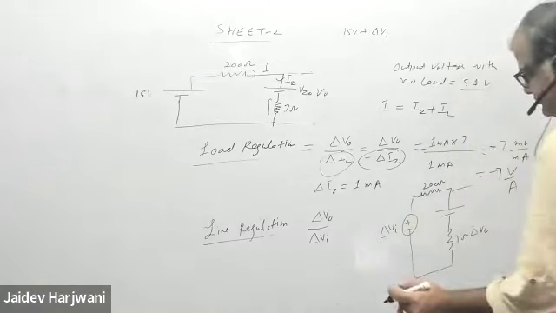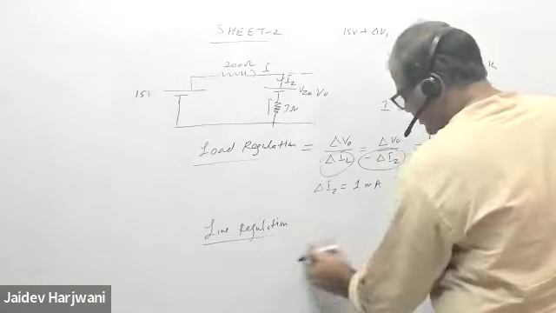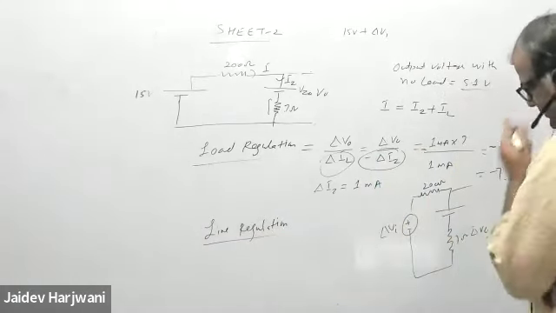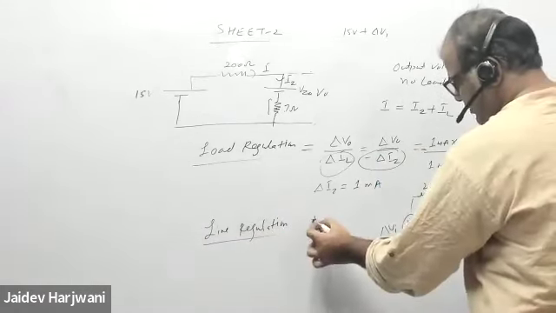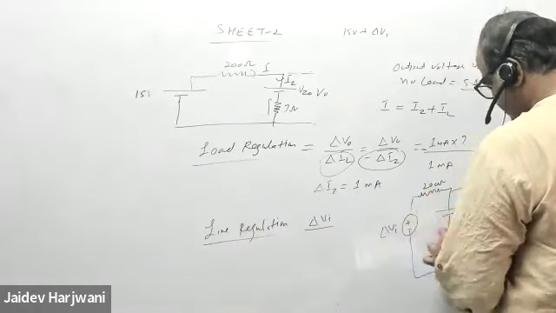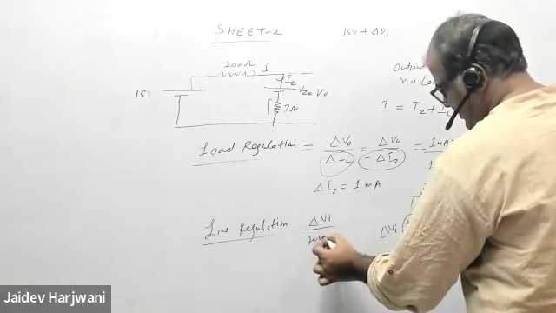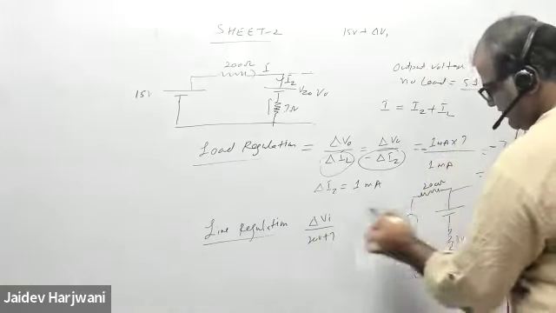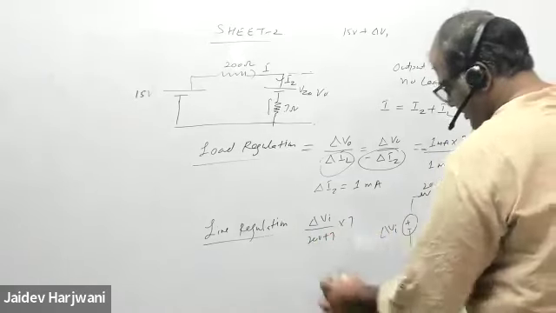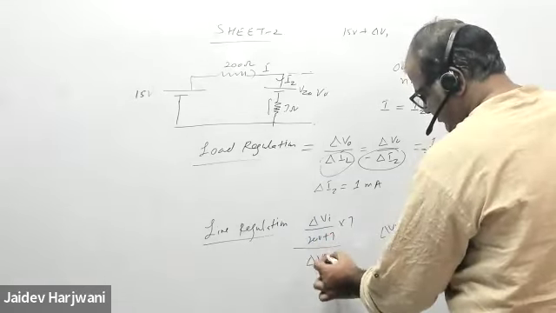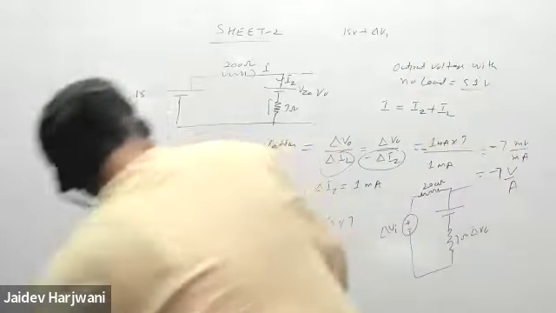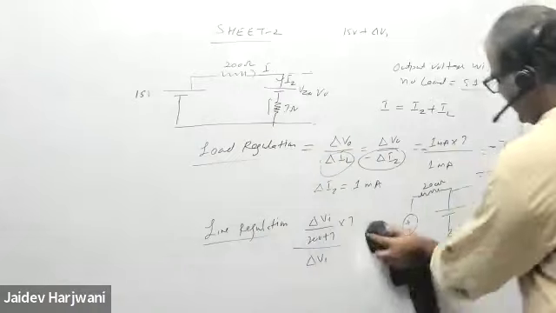Delta V naught will be I times R. Total resistance is 200 plus 7, so delta V naught is delta VI into 7 upon (200 plus 7). This is delta V naught divided by delta V input. If you want percentage, you can multiply by 100. So this is basically your line regulation.